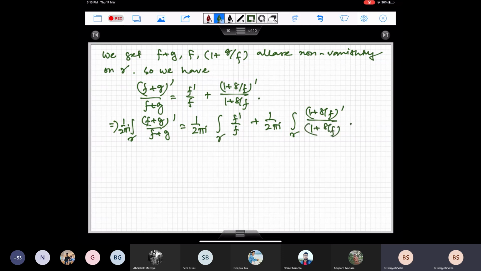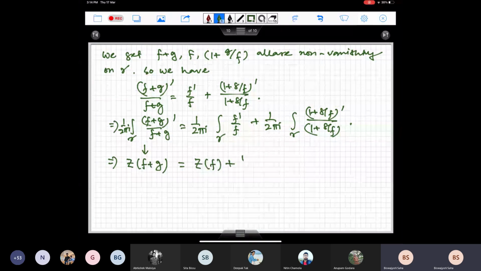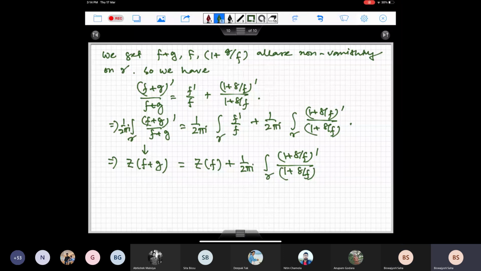Very nice. This is what I need to take care of. The left hand side is Z of f plus g. There is no pole, of course, because my functions are holomorphic. The right hand side is Z of f plus 1 upon 2 pi i integral over gamma (1 plus g by f) prime divided by 1 plus g by f.